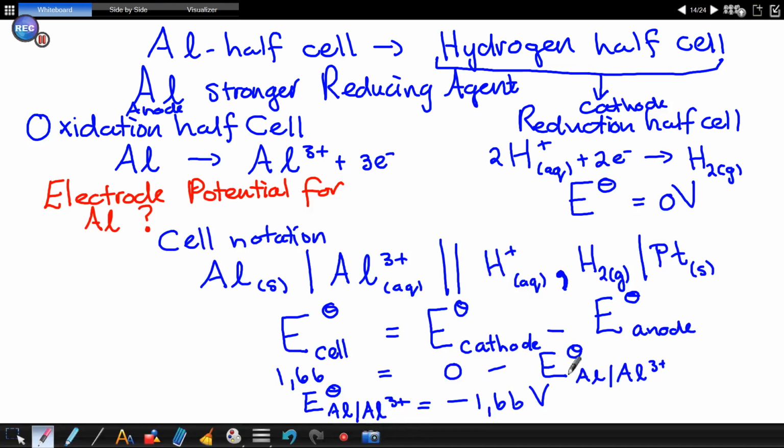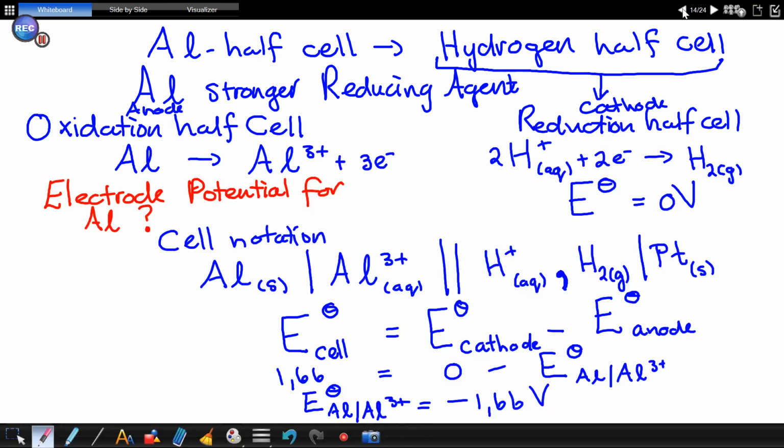So I have shown you now where those values are coming from. That's what I've shown you. Now I want to show you where cell potentials will come from when we have the aluminium and the copper joined.